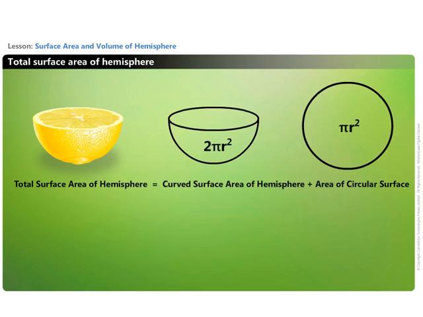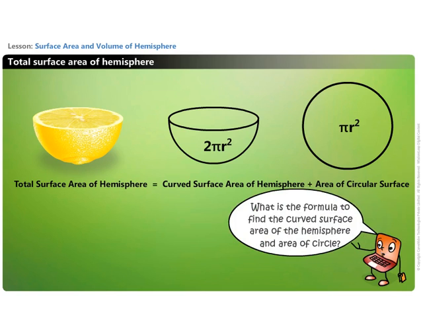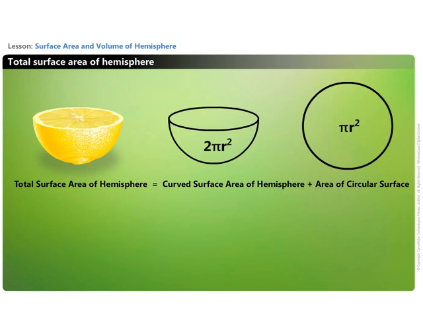Total surface area of hemisphere is equal to curved surface area of hemisphere plus the area of circular surface. What is the formula to find the curved surface area of the hemisphere and area of circle? We know curved surface area of hemisphere is equal to 2 pi r square and area of circle is equal to pi r square.